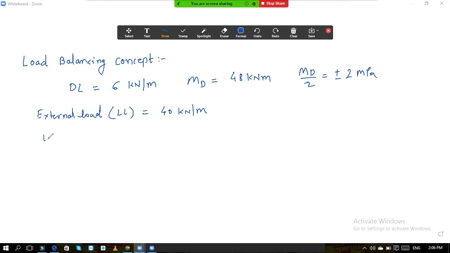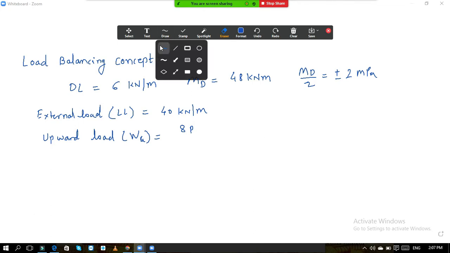Upward load, WC or WU, how much is it? It is 8 PE upon L square.